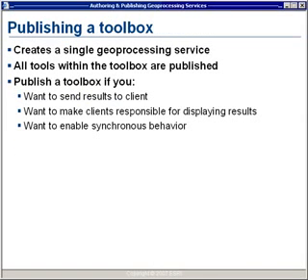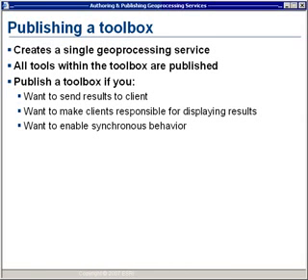Now you can choose to publish a toolbox as a standalone object. This will create a single geoprocessing service, and all the tools within the toolbox are published. So you could have several geoprocessing tools that do some high-level GIS analysis and then publish them as a library that other users could take advantage of.